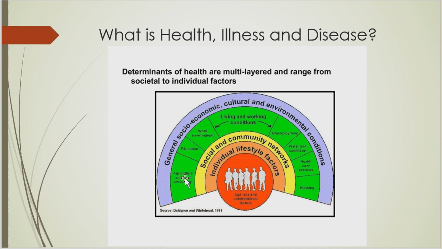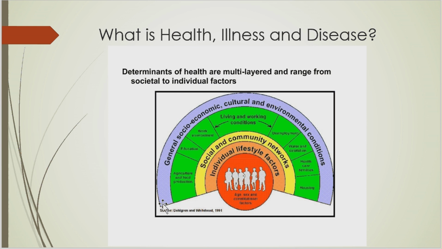And these different living and working conditions may be important in different situations. For instance, you may have an individual who works in a very poor working environment, and that is going to impact on their health. Okay? You may have an individual who is unemployed, and that is going to impact on their health.